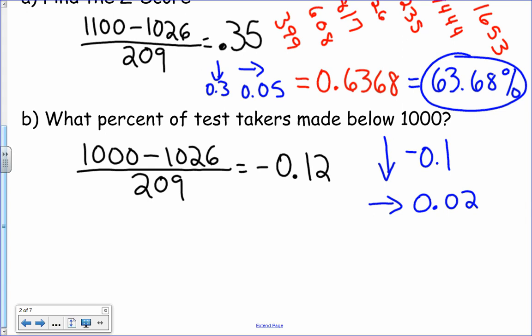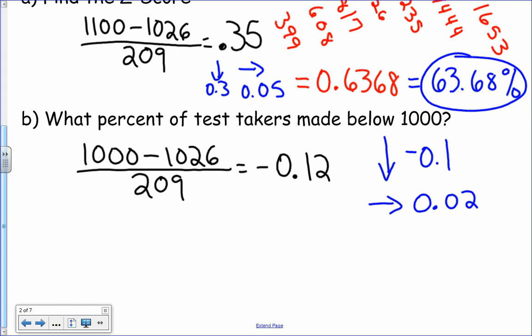So we go down, and look, negative 0.1 is the next to last one from the bottom. You see it? And then we go over to 0.02, which is third from the last, because my z-score is negative 0.12, right? So go down to negative 0.1, because that's the first part. The back end is a 2, correct? So 0.02 in the back end.